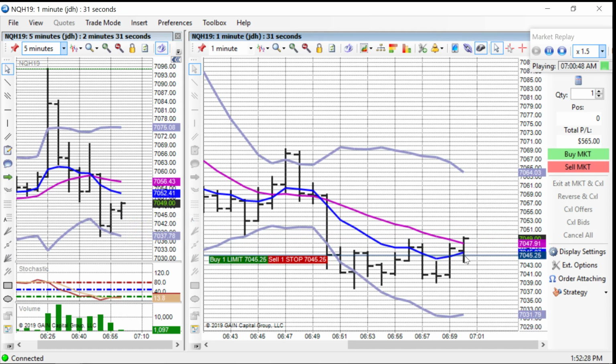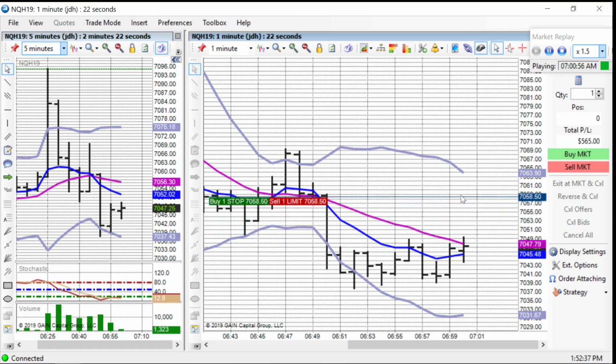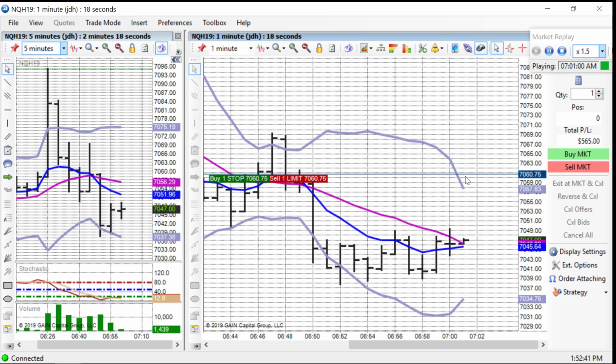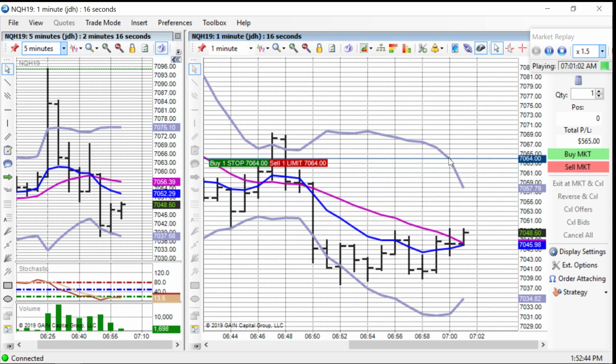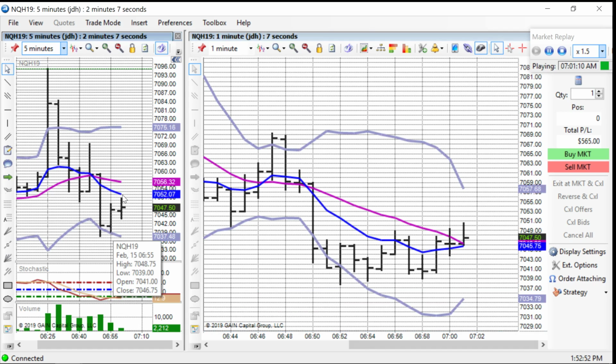So I don't automatically get suckered into thinking, okay, that might be an uptrend on the 1-minute chart, and we've got a lot of room up top here. But I'm also seeing the Bollinger Band lines are narrowing inward. So I think it's always wise to give deference to the 5-minute chart.